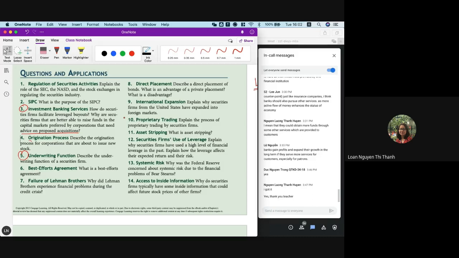So leveraged buyout is a kind of merger acquisition with the financial leverage. Here, leverage and buyout. It is a kind of M&A with the leverage, with the financial leverage.